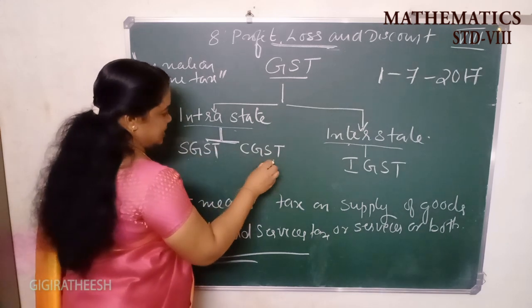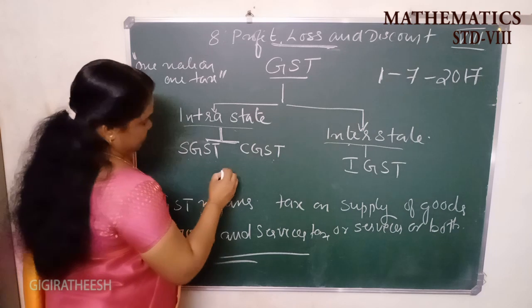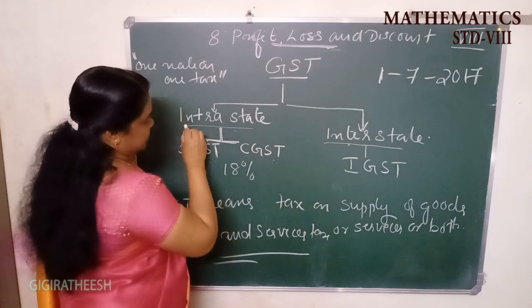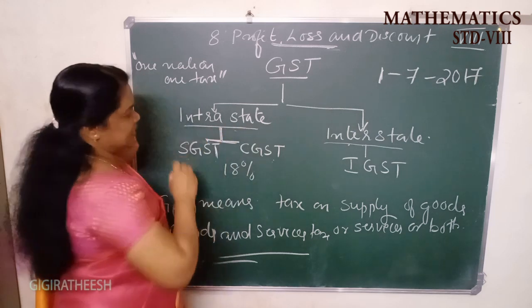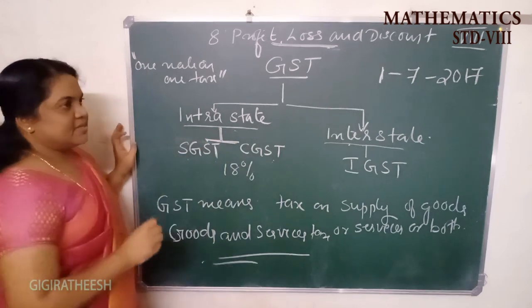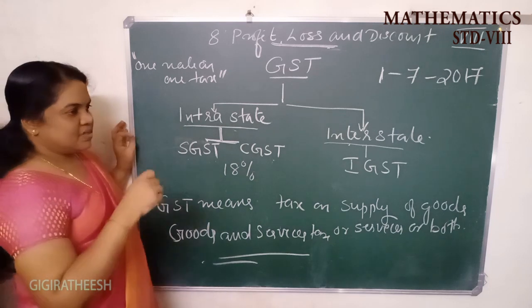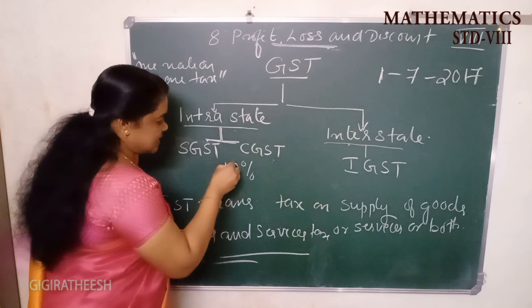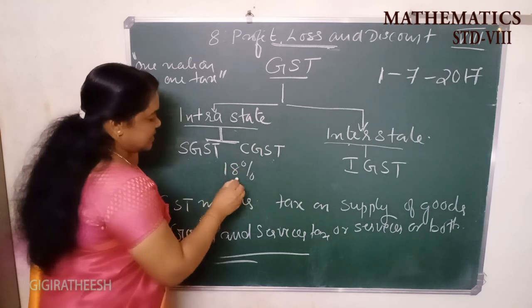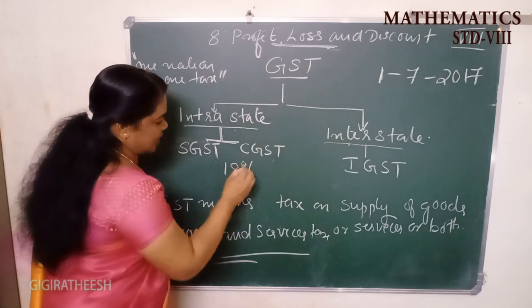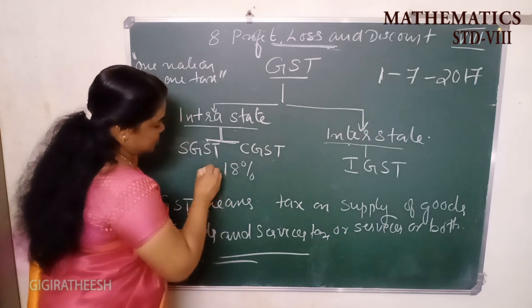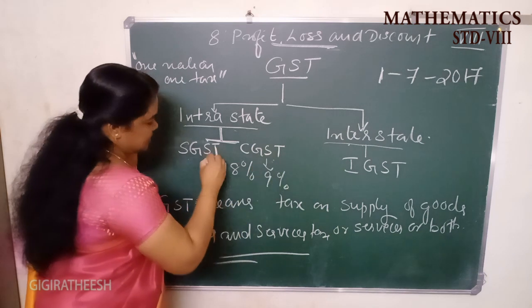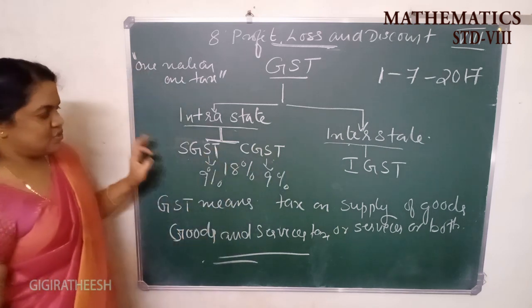For example, if the tax is 18% and there is a transaction of goods within a state, from Tirunelveli to Ernakulam, this GST of 18% is shared equally, 9% to SGST and 9% to CGST.